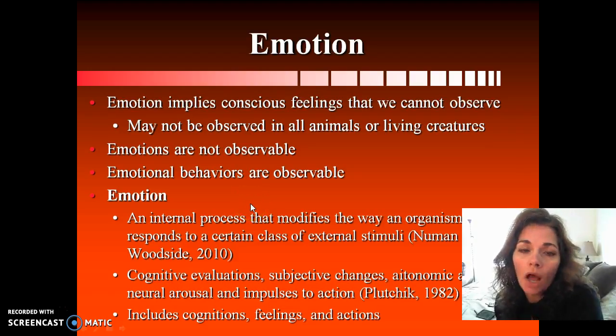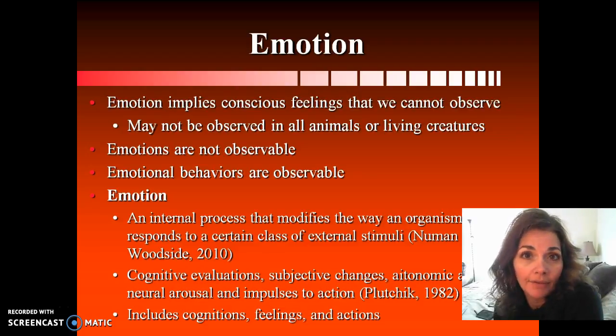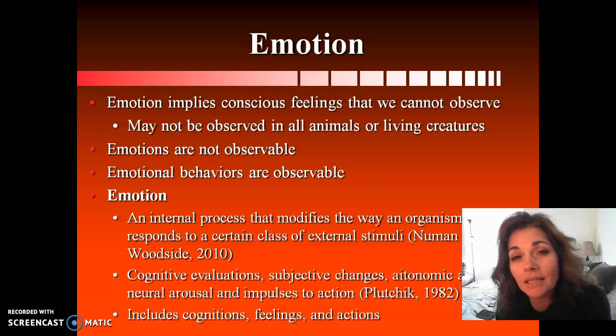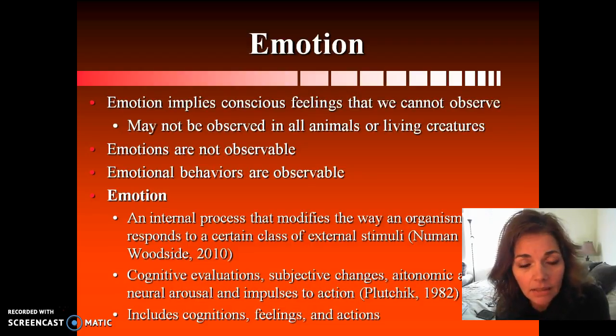So when we're talking about emotion, it's a really difficult concept in the field of psychology because it's still very much being researched and debated. Some people say that all animals have emotion and experience emotion, but that's not necessarily the case. What we observe in animals may not be a reflection of emotion so much as it is just instincts.